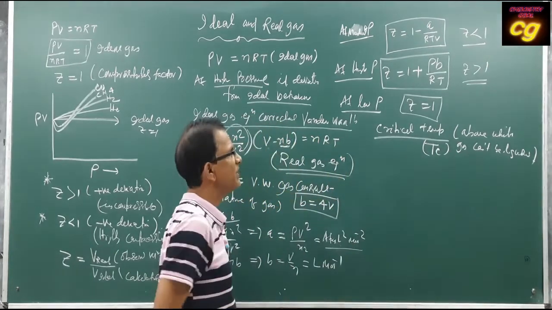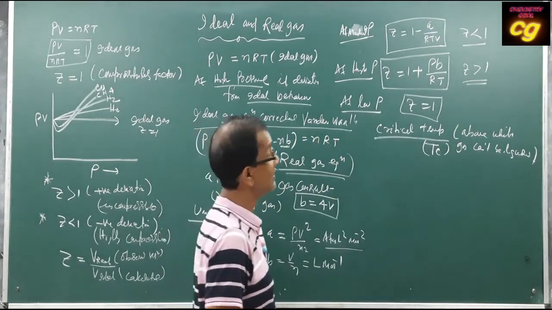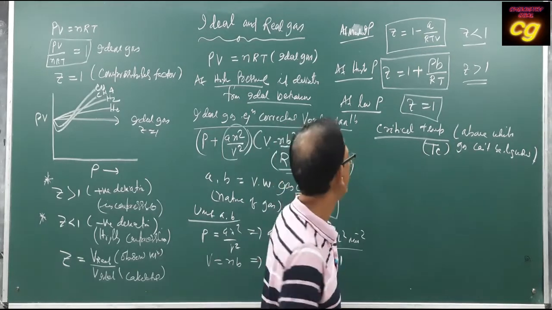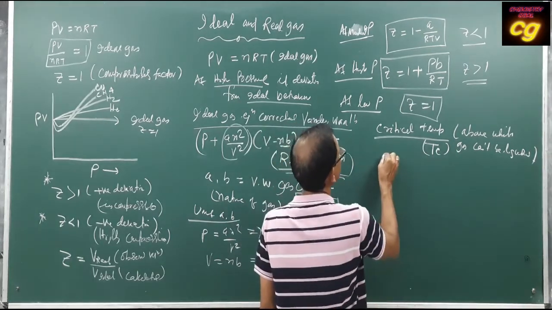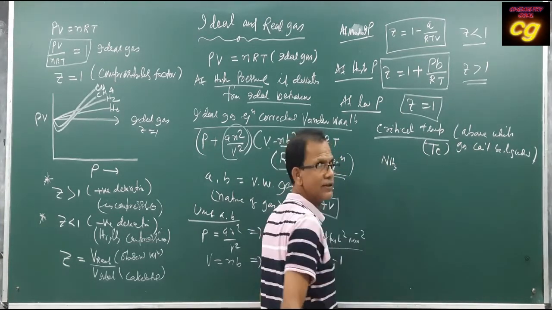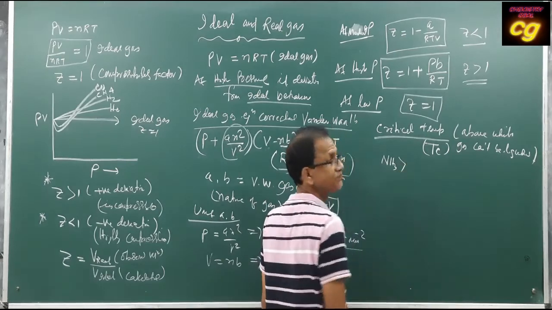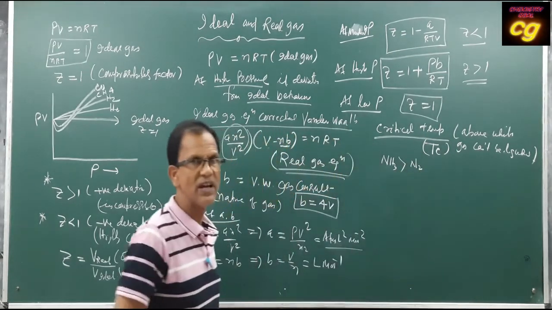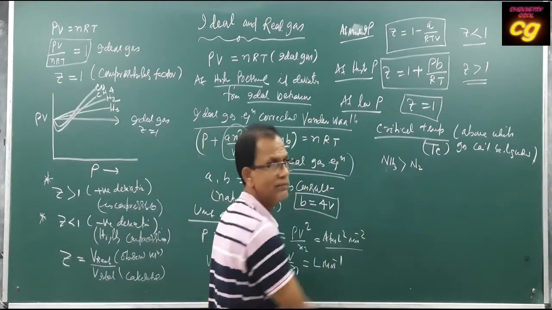If the critical temperature is very high, the gas can be easily liquefied. For example, ammonia gas has a higher critical temperature than nitrogen. The critical temperature of ammonia is very high, so it is easily liquefied.